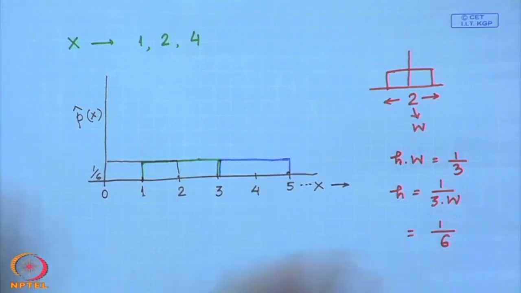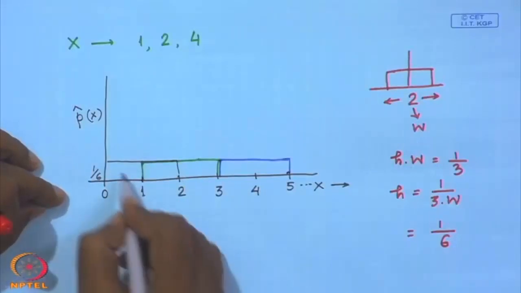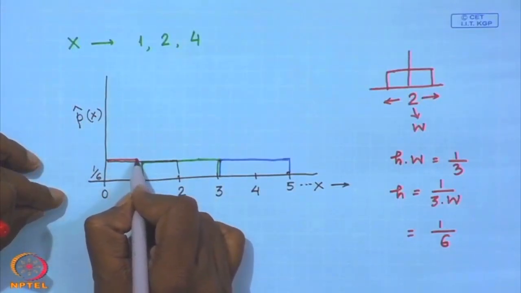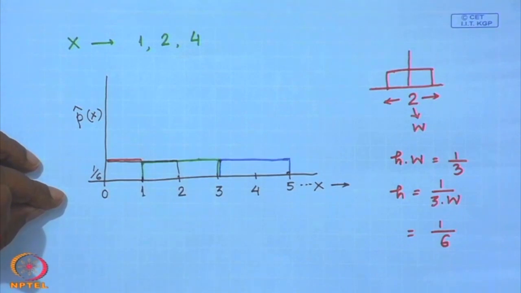So, once I have this, the sum of all these areas gives me an estimate of the probability density function, right. If I add them up, you find that from location 0 to 1 in this range, I have only one window. So, the height of this window will remain 1/6.